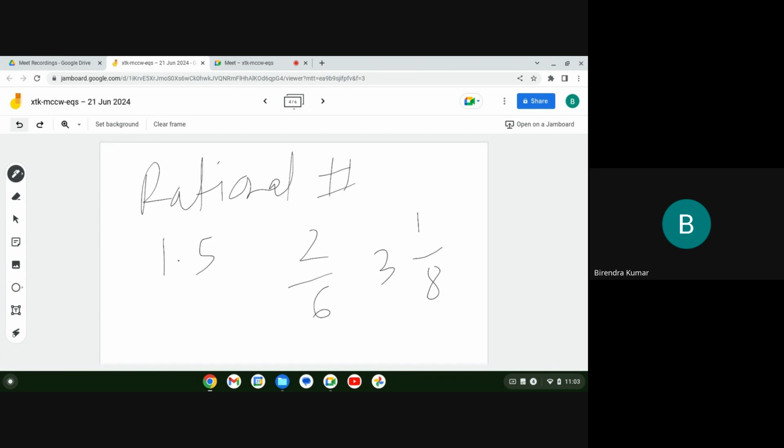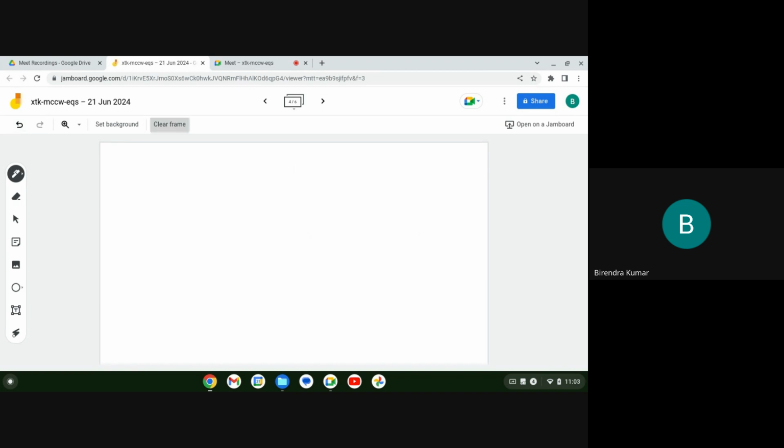So I'll just give a little bit of background to that. When we say rational numbers, one thing is fraction. We already had a term called fractions, correct? Why did we have to introduce another term called rational numbers? So let's say I'm talking about 1 by 2, 1 by 8, 2 by 9, 16 by 5. These are all fractions, correct? So we know these are fractions.